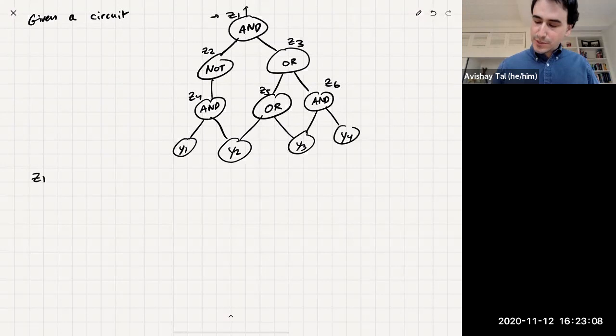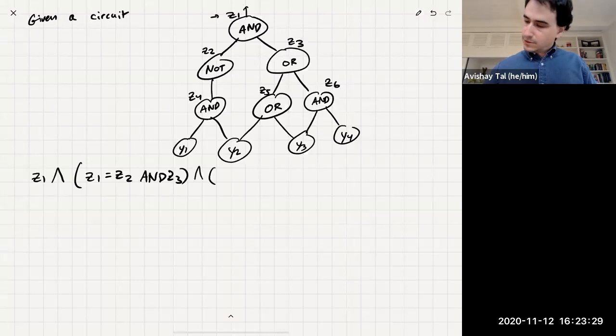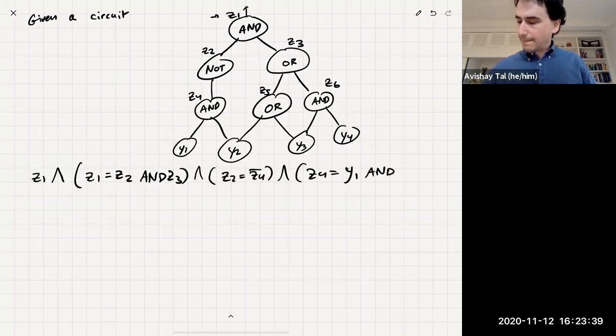So I want to ask whether there exists some assignment to the Y's and the Z's such that Z1 equals 1. And in addition, Z1 equals Z2 and Z3. And in addition, Z2 equals Z4 not, and Z4 equals Y1 and Y2, right?